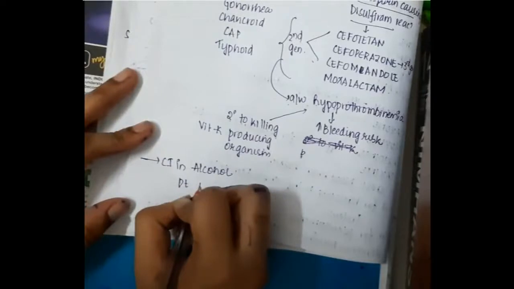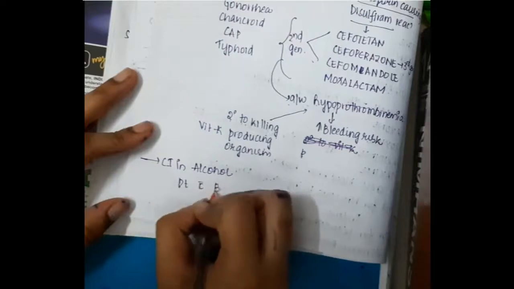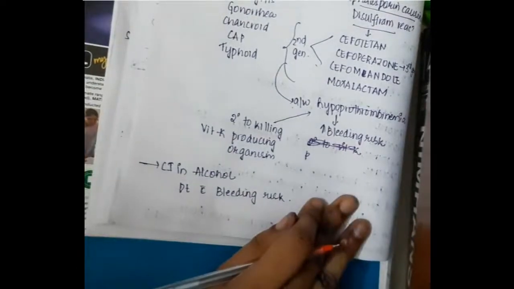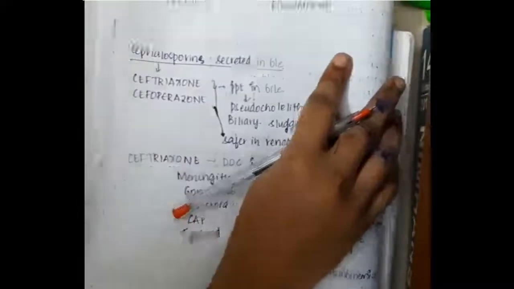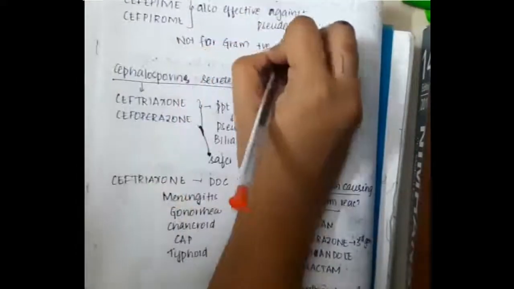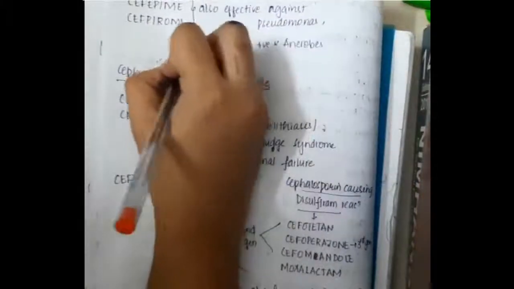When vitamin K is decreased in our body, prothrombin levels also decrease, resulting in hypoprothrombinemia, causing bleeding risk. These drugs are also contraindicated in patients with bleeding risk, and in alcohol due to disulfiram reactions.